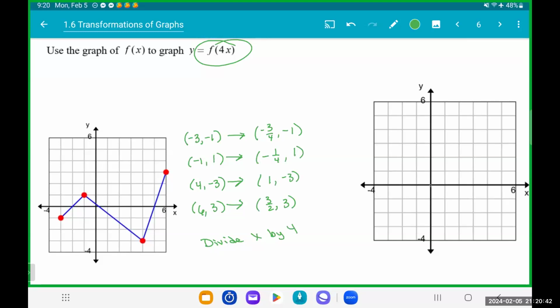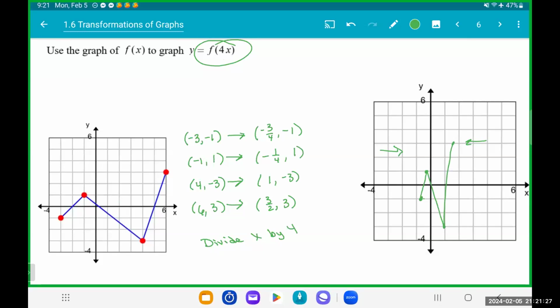We have -3/4, -1, -1/4, 1, 1, -3, and 3/2, 3. Okay, so this graph went from here to here to here to here. You can see how this got compressed in because of that 4x there. It got squished in. Okay?